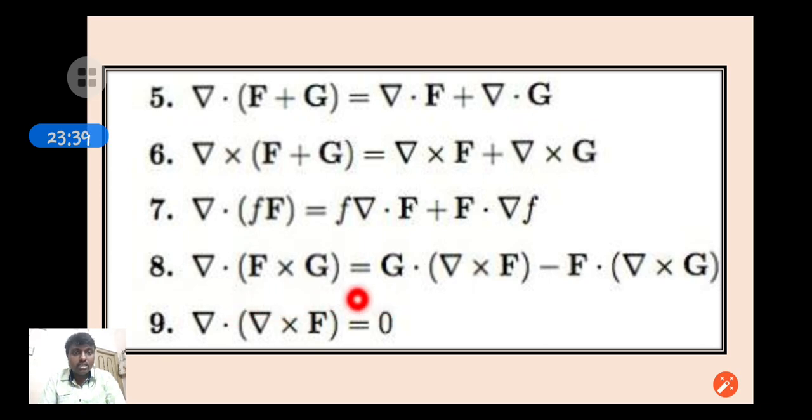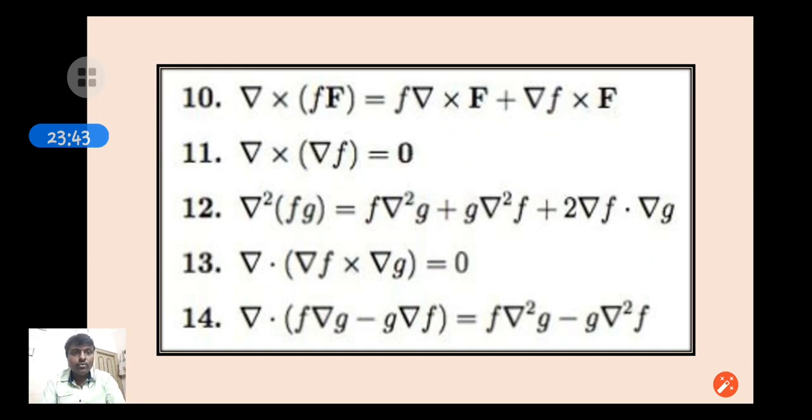That means del cross f bar is solenoidal. The 11th one is also proved here: del cross del f equal to 0. Like that you can calculate or prove the results.